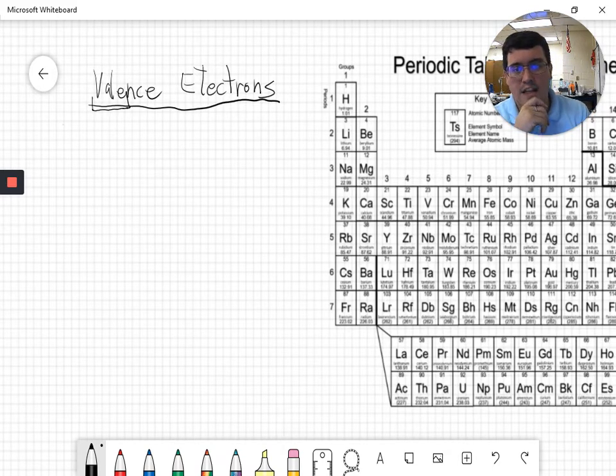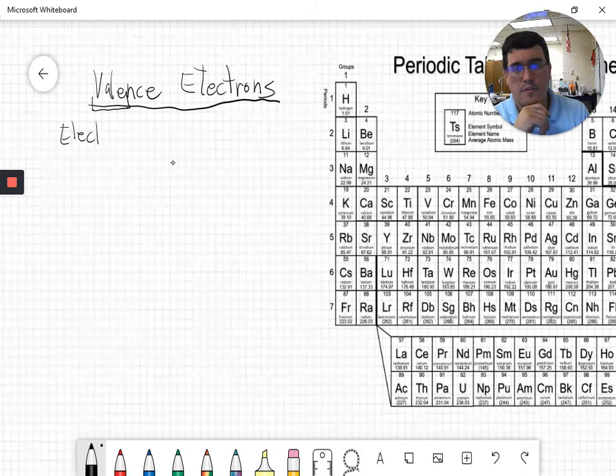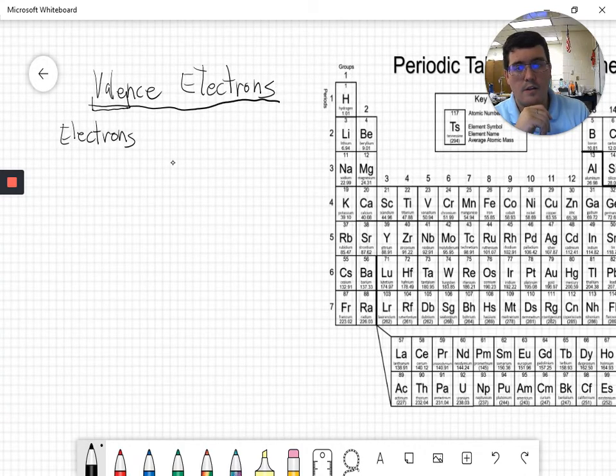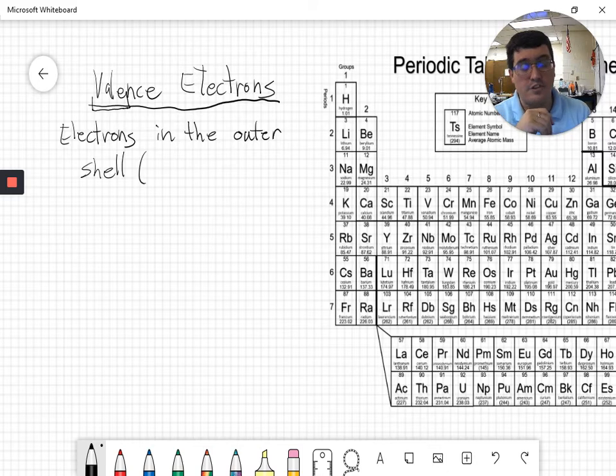They are the electrons in the outermost shell, which for us means the electrons with the highest n value.